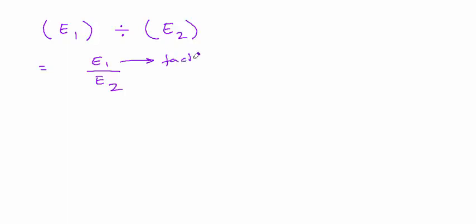When you want to divide one algebraic expression with another, the first step is to rewrite that division as a fraction. So if E1 is the first expression to be divided with expression E2, we rewrite that as E1 over E2, the fraction. And then go on to factorize the numerator.